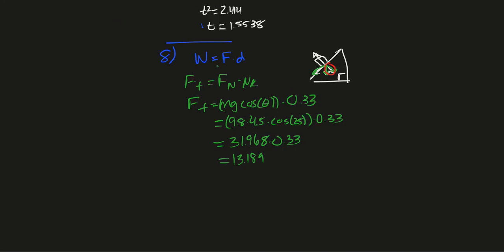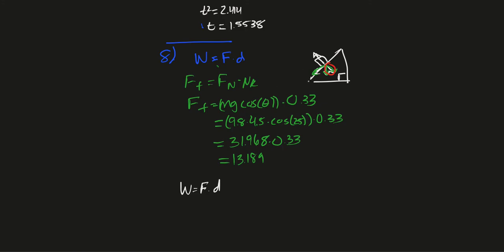Now we'll just plug it into the work equation. So work is equal to force times distance, and it's going down. Whichever way it's moving, the force of friction opposes that. So the work will be negative.